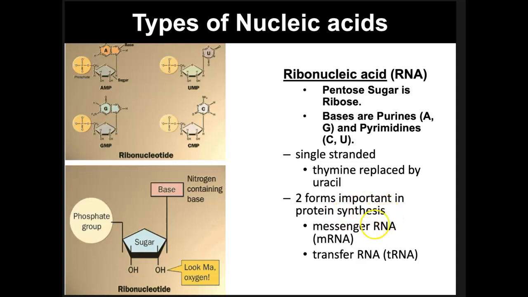And when we start talking about protein synthesis, we're going to see that RNA has two really important roles in the formation of proteins. One of those roles is as messenger RNA, which is the RNA molecule that goes into the nucleus and retrieves the genetic information that's going to code for proteins. And then transfer RNA is the molecule that lives in the cytoplasm and brings anticodons to the ribosome to help build proteins.